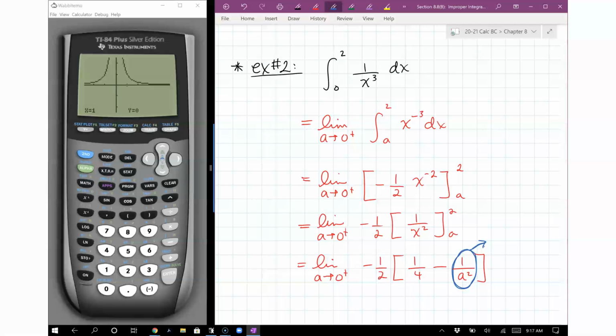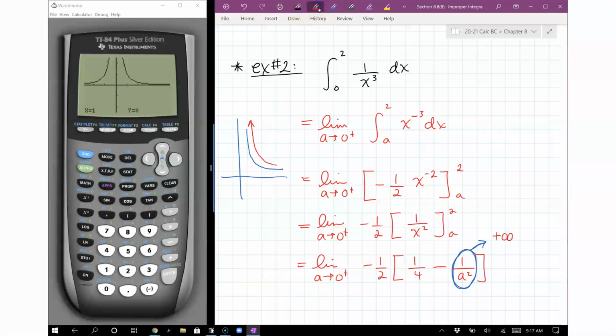Nobody? Remember, here's the curve, right? Like that. So as it approaches 0 from the right side, it's going that way. Where is it going to? Positive infinity, right? So this is going to plus infinity.